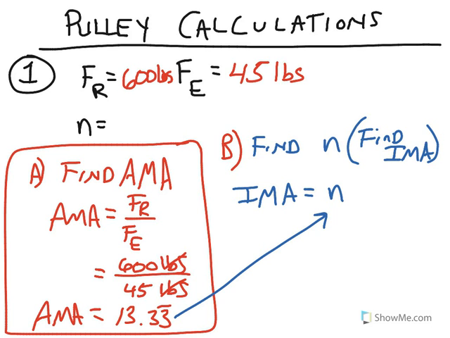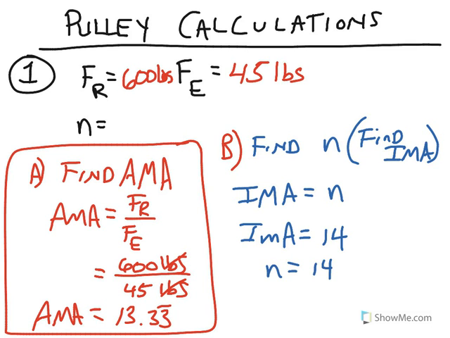In other words, round the actual mechanical advantage up to the nearest integer. So the IMA here is 14, which is also what N is, because N, number of strands, and ideal mechanical advantage are the same thing.